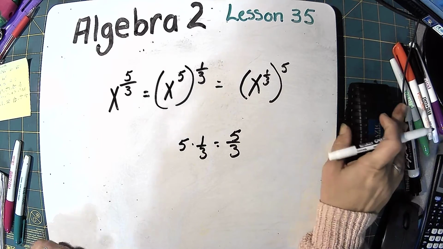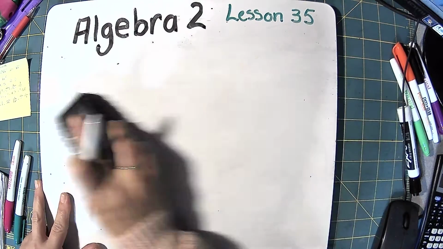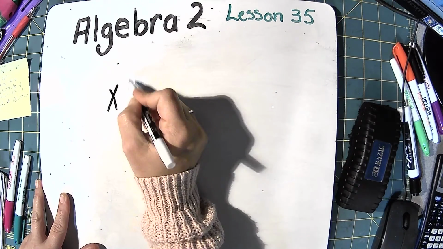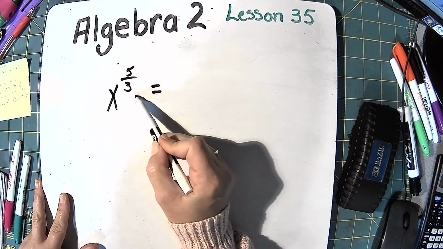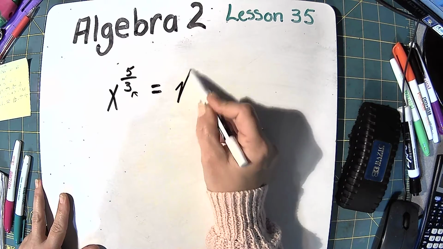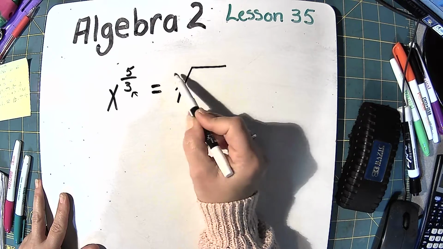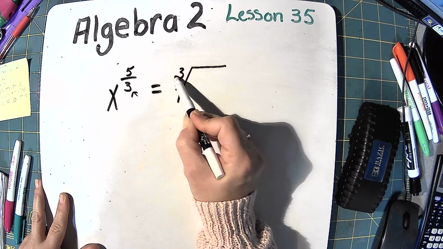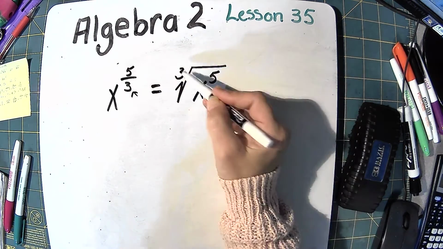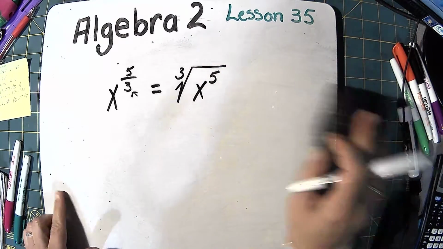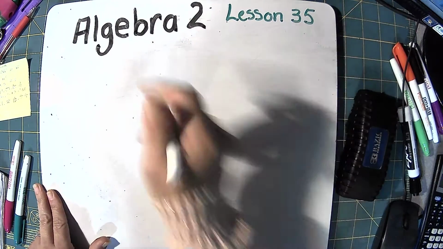There, okay? That is going to actually equal x to the 5/3. On these, you're going to take your bottom number, and that goes outside your radical sign. 3 goes there. Okay, so that means the third root of x to the 5th.